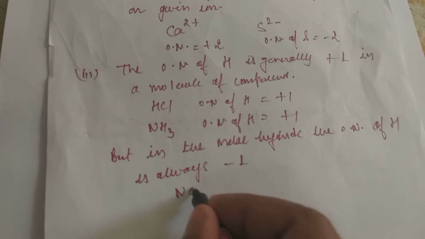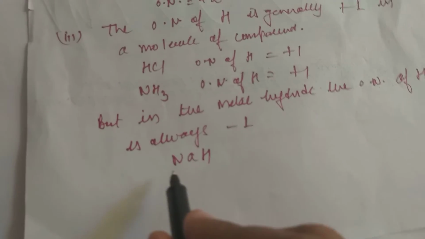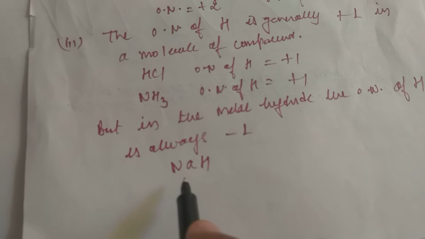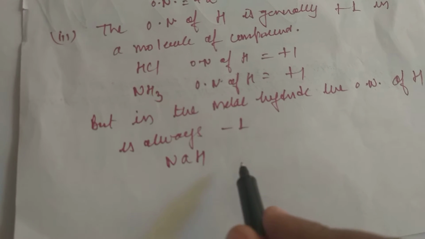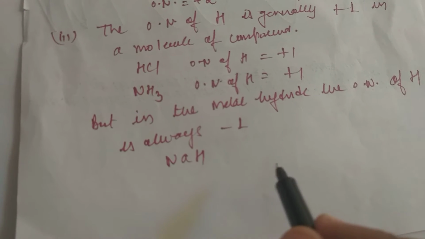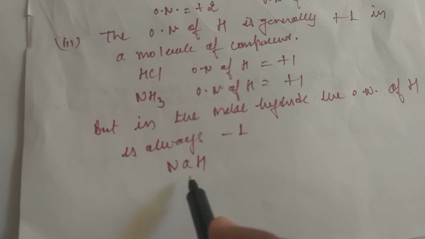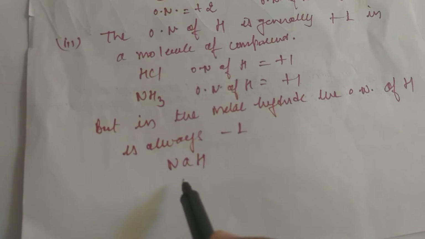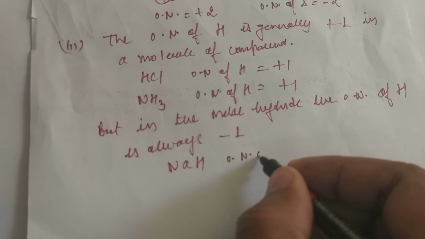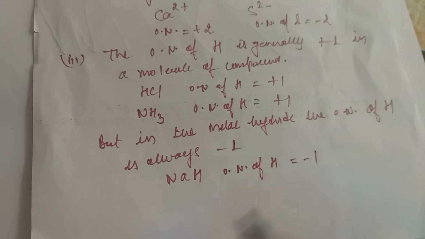We know that metals have low electronegativity value. Hydrogen is a non-metal, so it has more electronegativity value as compared to metals. So in all the metal hydrides the oxidation number of hydrogen is always -1. This is an exceptional case.